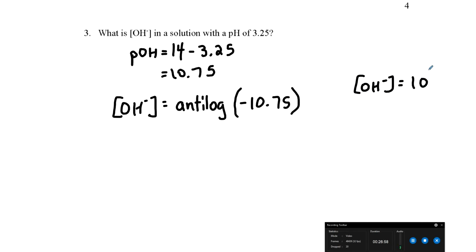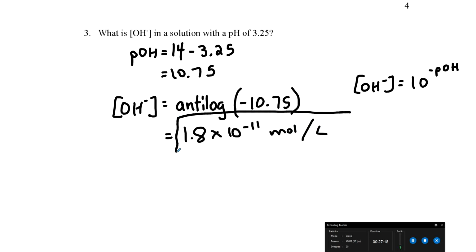Okay, so if you calculate that, and this would be that 10 to the power of x button, you get 1.8 times 10 to the negative 11 moles per liter. Okay, so that's probably your simplest approach to solving this problem. We see that we need hydroxide. We're dealing with pH, which deals with hydrogen ions. So get ourselves over to pOH, and from there, then we can find the OH minus concentration.